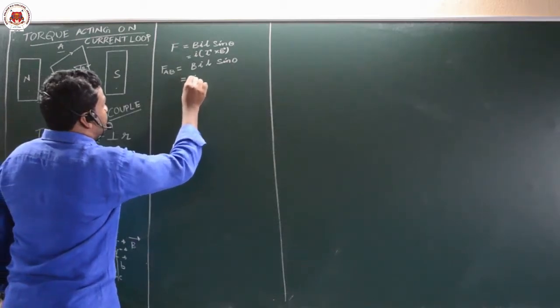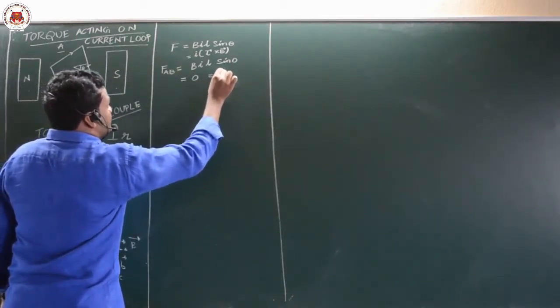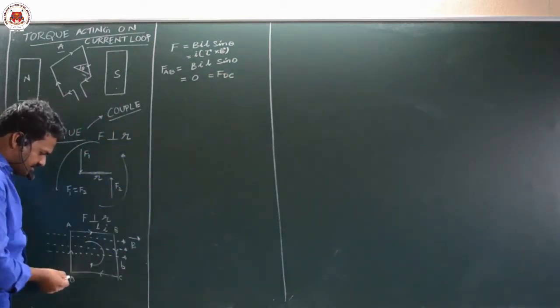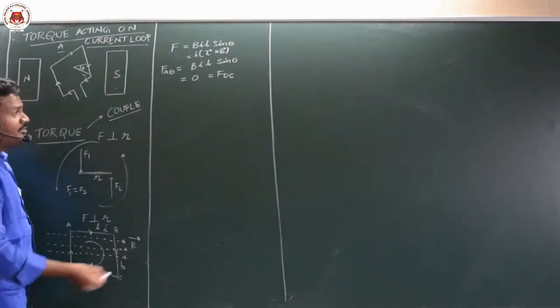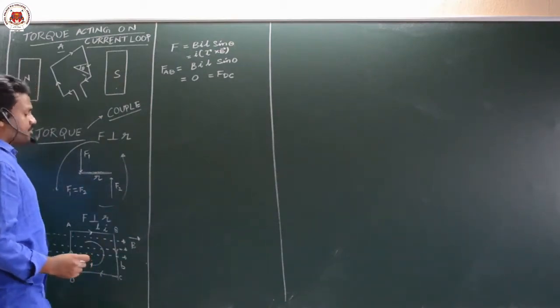Therefore this is 0. Similarly for CD it is 0. Here L and B are at 0 degrees, therefore you will get this also equal to 0.